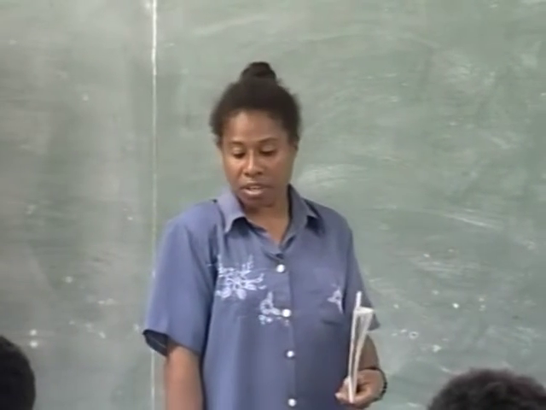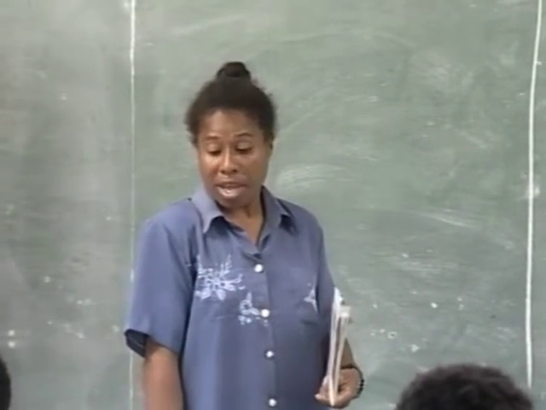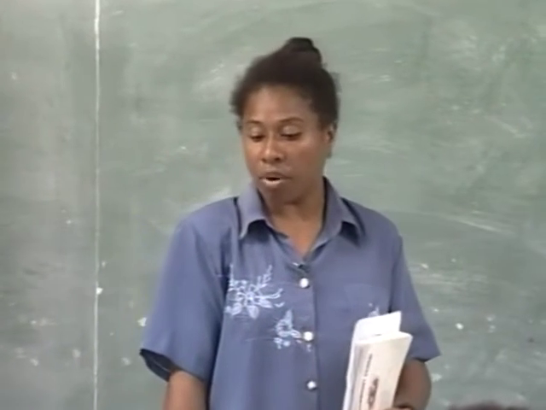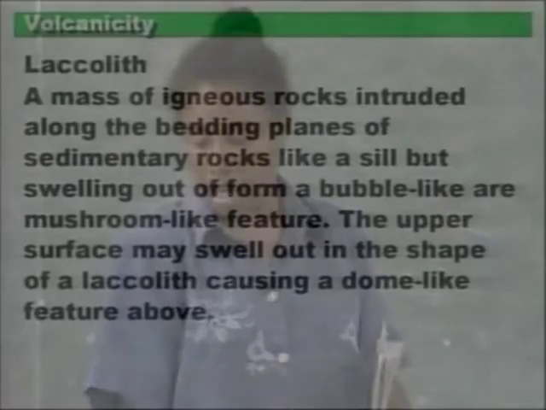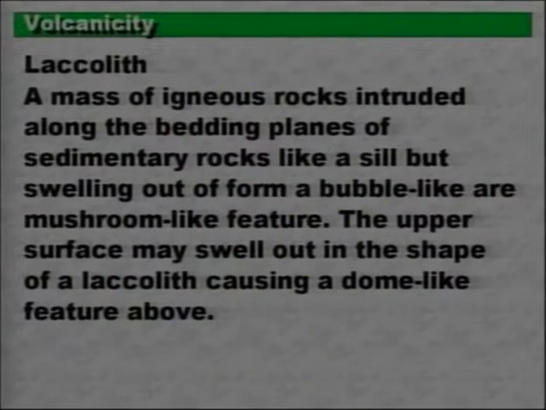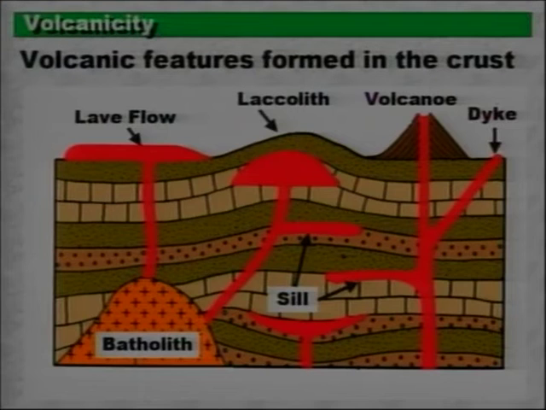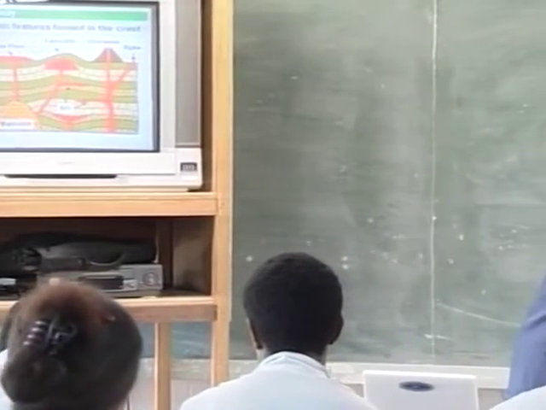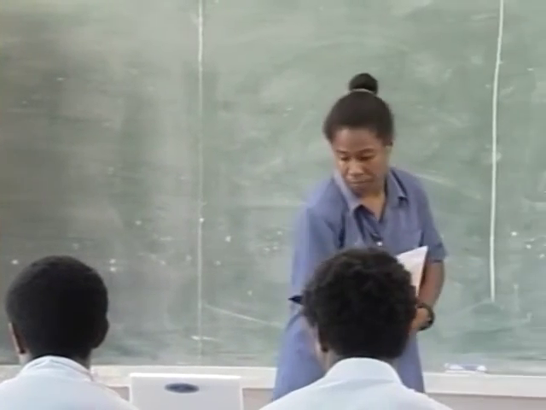The upper surface may also swell out in the shape of a Laccolith, causing a dome-like feature above. So when we are plotting our information, note, we do not plot the Laccolith as an extrusive feature. It is an intrusive feature. Get your arrows to point to the intrusive feature.